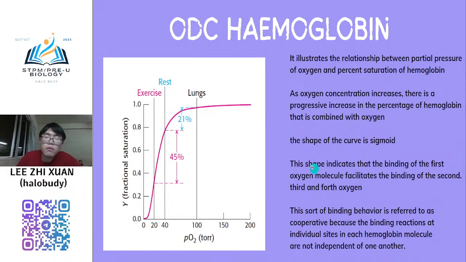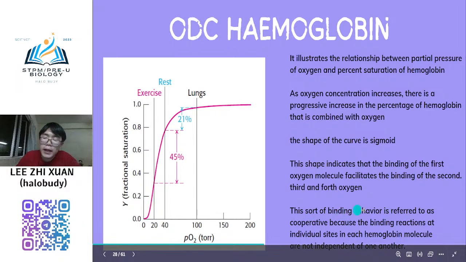When the first oxygen molecule binds to the first heme group, the hemoglobin changes its shape and facilitates the second, third, and fourth binding of oxygen. This sort of binding behavior is referred to as cooperative. Cooperative means it cooperates.